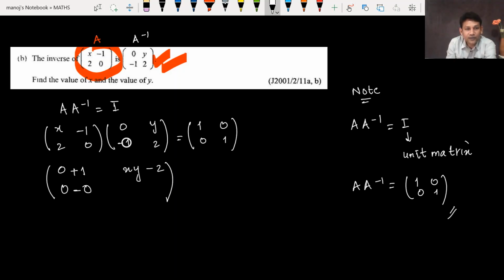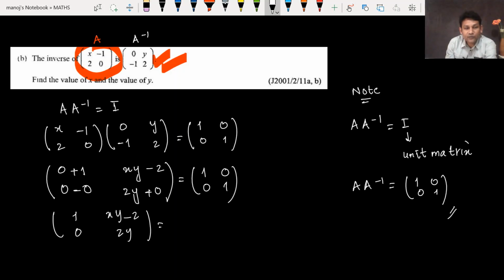Second row, first column, second row and second column. 2 by y is 2y. And 0 by 2 is 0, equal to 1, 0, 0, 1. Comparison. You can also simplify. This is coming 1, 0, x y minus 2, and this is 2y only. So by this way, you can do the comparison or maybe apply the simultaneous equation method.